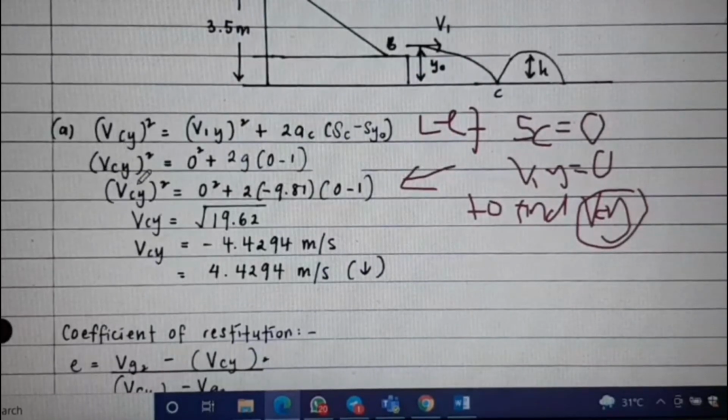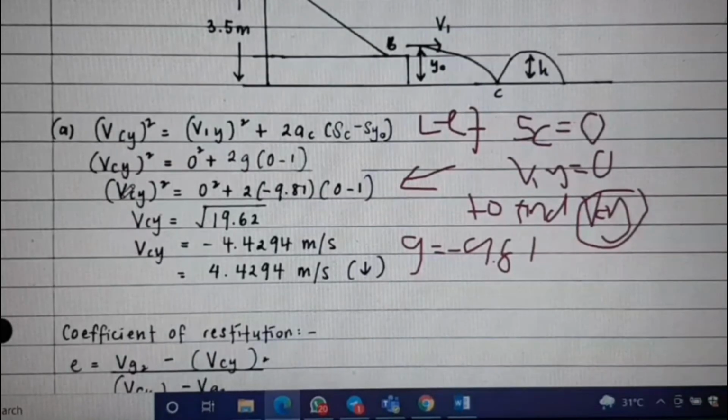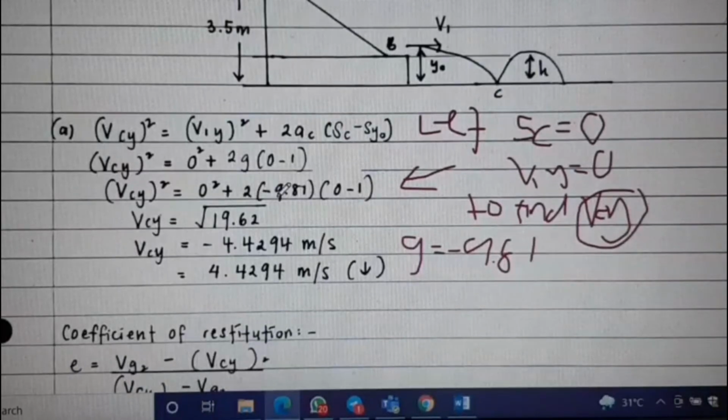We got vcy squared equals 0 squared plus 2g times 0 minus 1. We take g equals negative 9.81 since it's going down. So vcy squared equals 0 squared plus 2 times negative 9.81 times 0 minus 1.